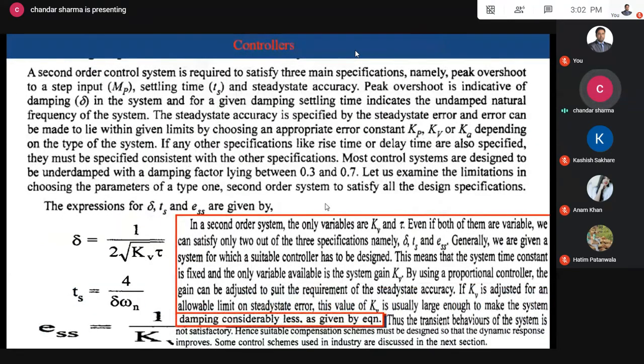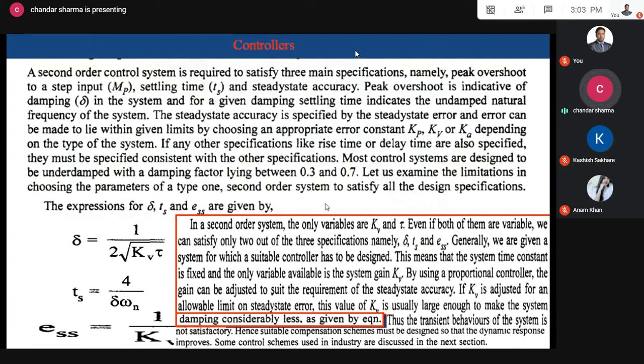Now we have seen controllers. As you all know, a second order control system is required to satisfy 3 main specifications, namely peak overshoot to a step input Mp, settling time Ts, and steady state accuracy.